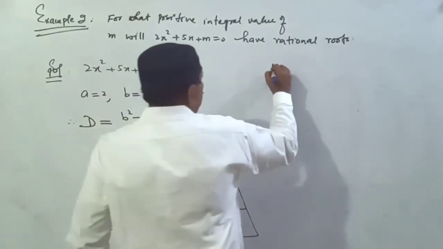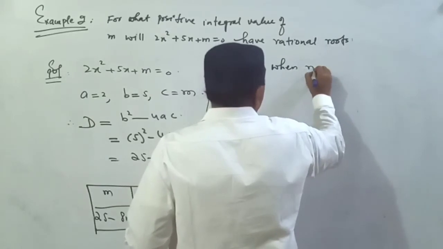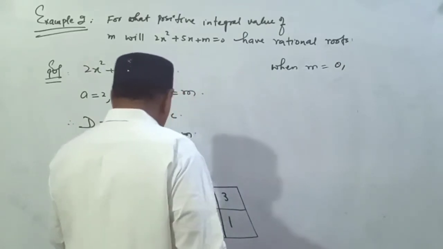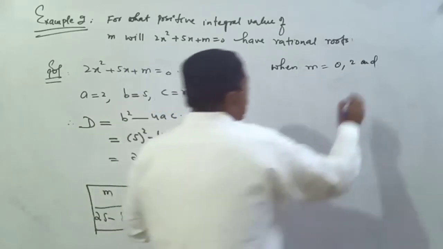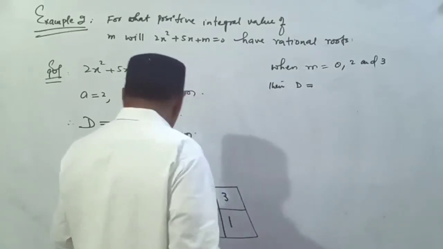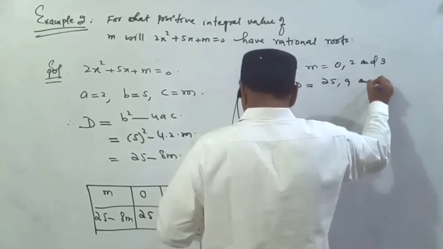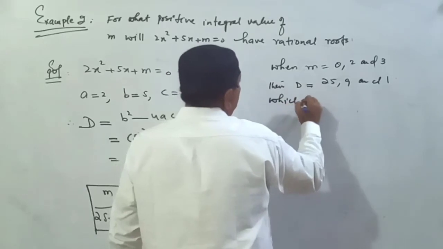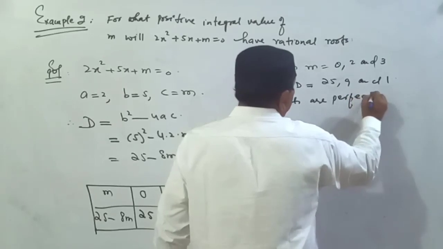So when m is equal to 0, 2 and 3, then the discriminant is equal to 25, 9 and 1, which are perfect squares.